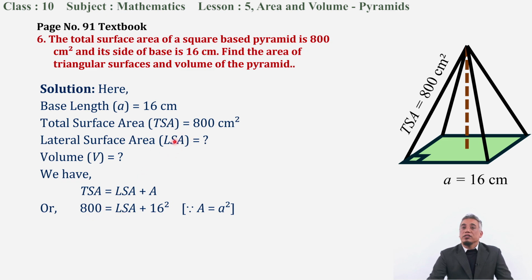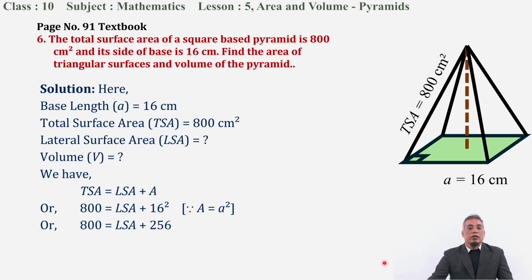Lateral surface area is to be found, so we keep as it is, and this A is substituted as 16 square. So from where this 16 square came? Because we know that the area of base is A equals to length square, A square. Okay, so length is 16, that's why we have kept 16 over here.